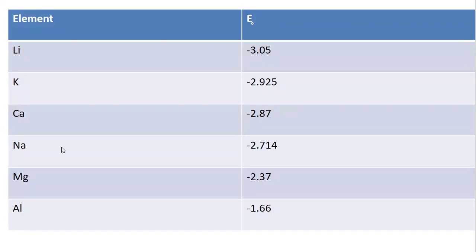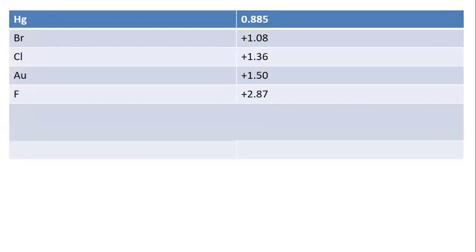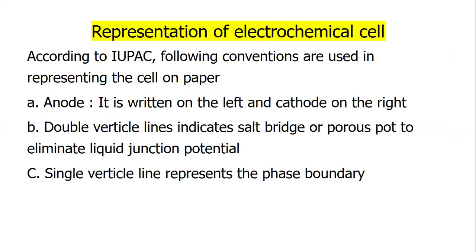Lithium has the lowest standard reduction potential. Fluorine has the highest, plus 2.87.